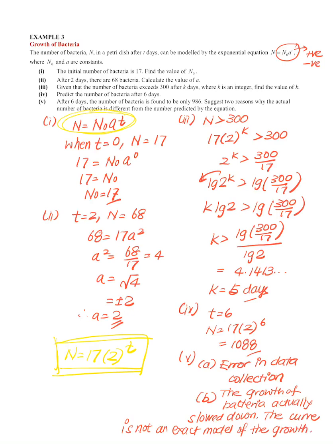Up to a certain point, it actually grows differently from what is predicted in the curve. Initially, in the earlier few days, it may be accurate, but after a certain number of days, it deviates from this model. Okay, right?